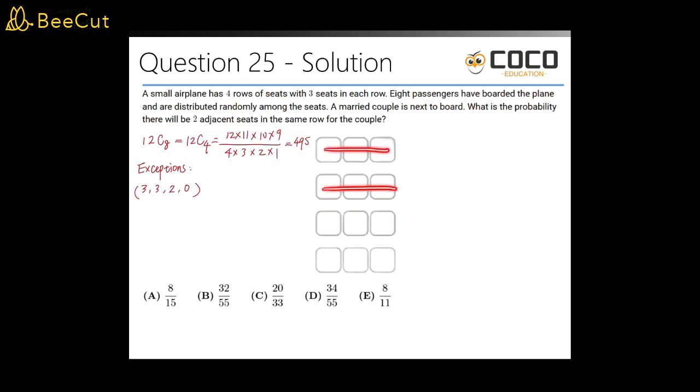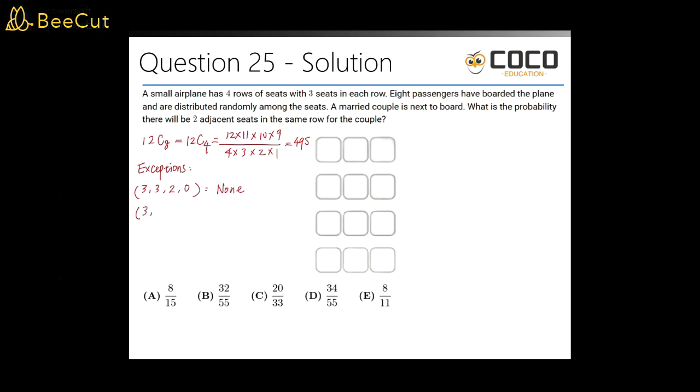Now for the row with 0, the couple can always find 2 seats next to each other. So this one is 0 exceptions. For all the scenarios here, the couple can sit next to each other.